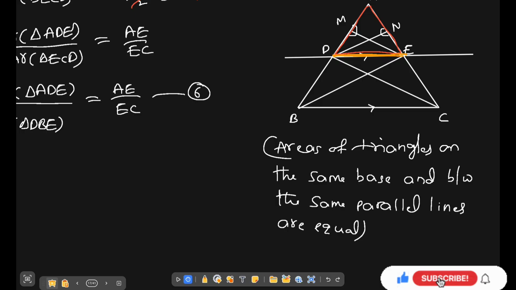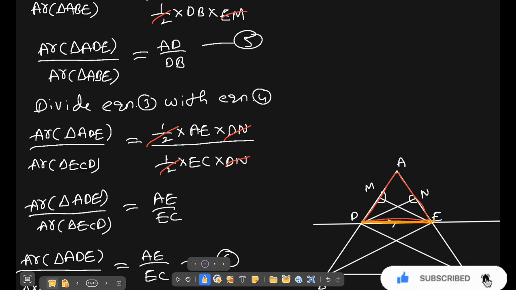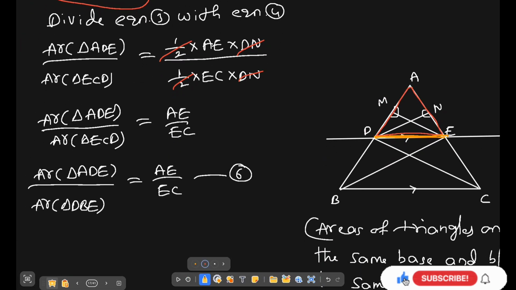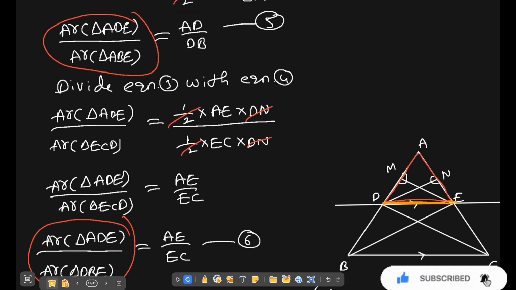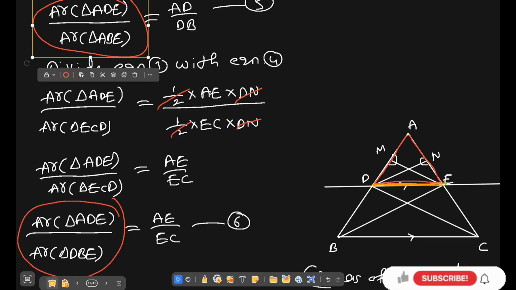Now from equations 5 and 6, the LHS are the same: area of triangle ADE by area of triangle DBE.